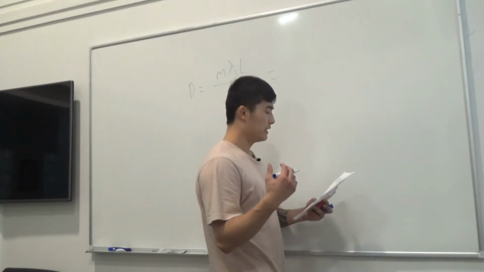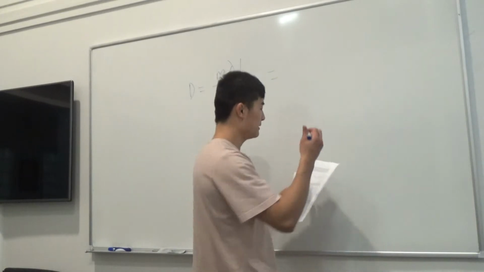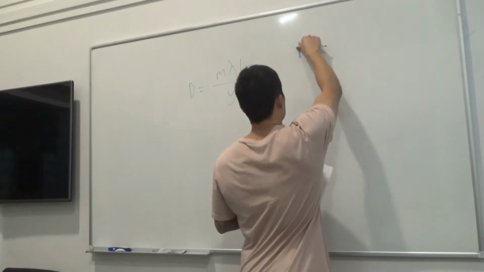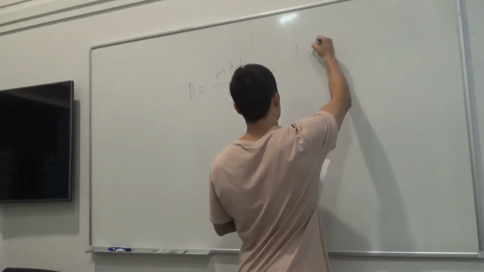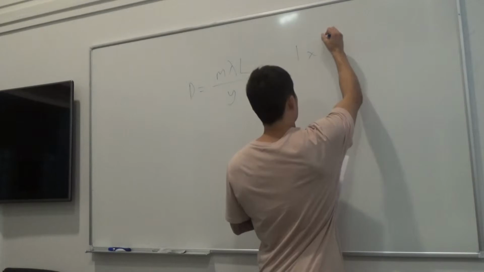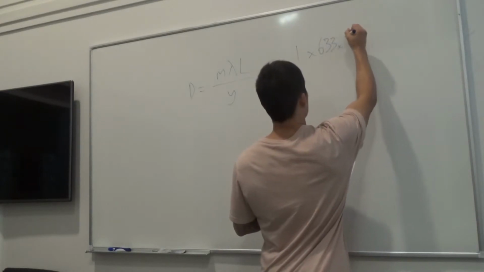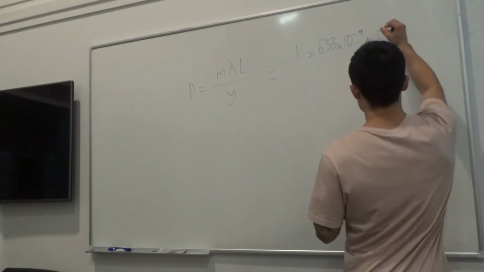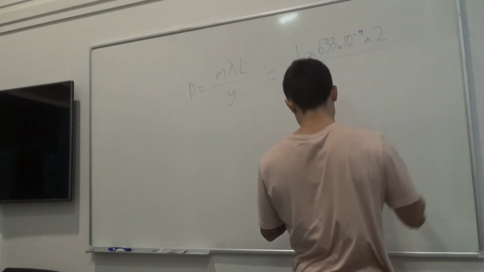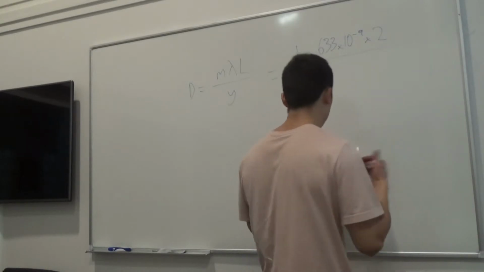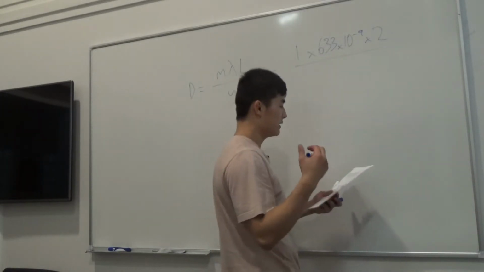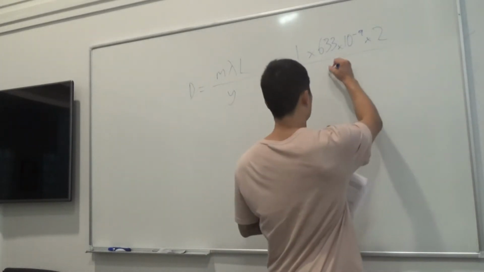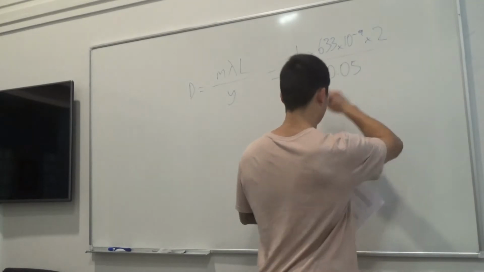Let's say the first minimum, so m is equal to 1. That's 1 times our wavelength, which is 633 nanometers, times 10 to the negative 9, times our length, which is 2 meters, over our y value, the distance from the center to the first minimum, which is 5 centimeters, so 0.05.